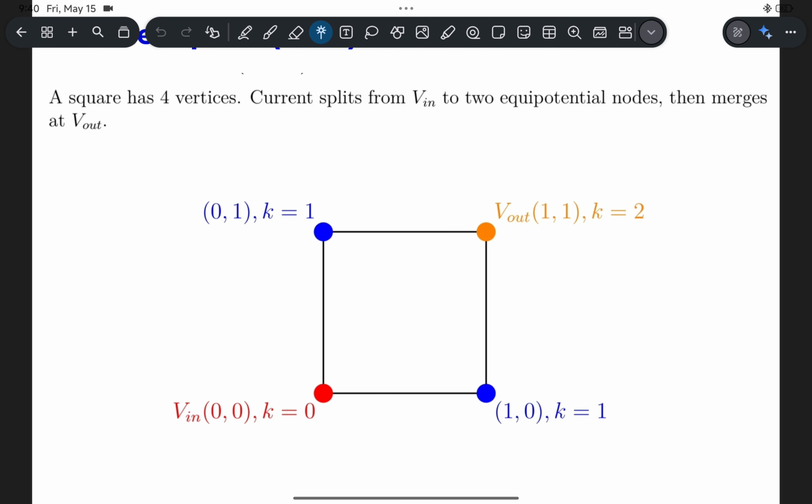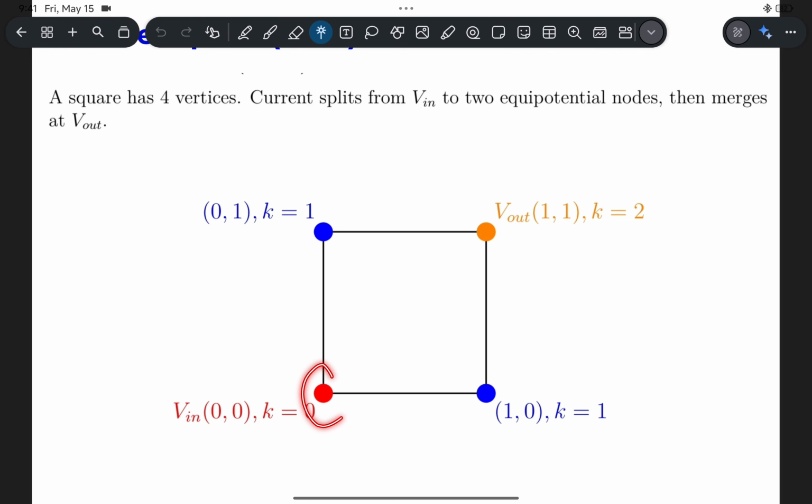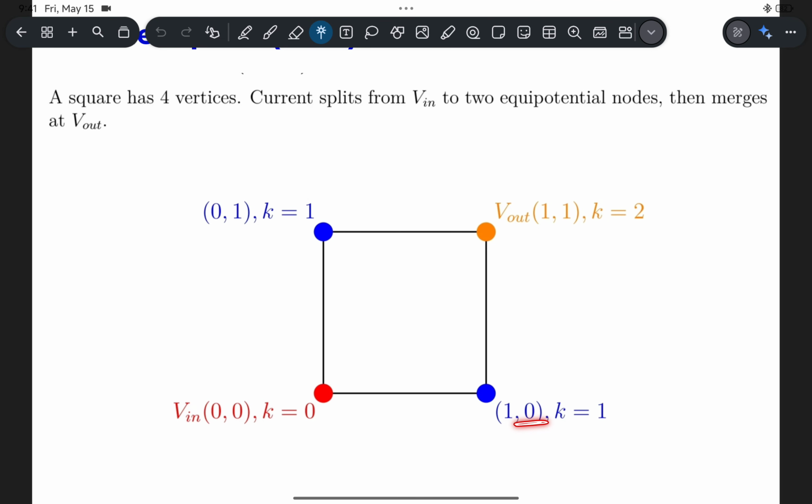Here one more observation you can make: this one is 2 steps from the starting point in any direction, so this is some different potential. So these two are one potential layer, and this is one more potential layer. If you observe, in the first potential layer both coordinates are zeros, in the last potential layer both are ones. In the middle potential layer, this one has one 1 in it, and this one also has one 1 in it.